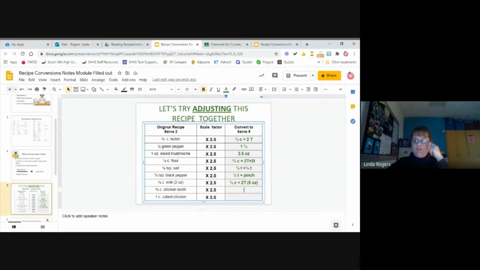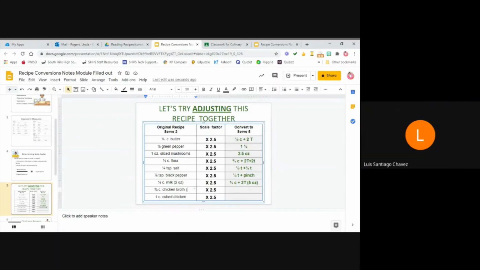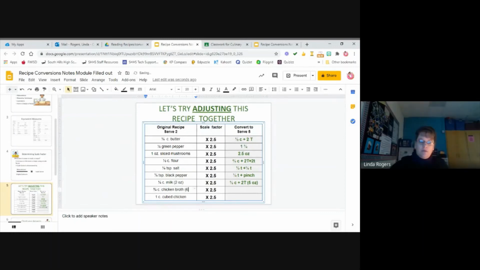Same thing with chicken broth. Let's go ahead and convert that into ounces. How many ounces is 3/4 of a cup? If 1/4 is 2 ounces, 3/4 is how many ounces? 6. Good. So 6 ounces.